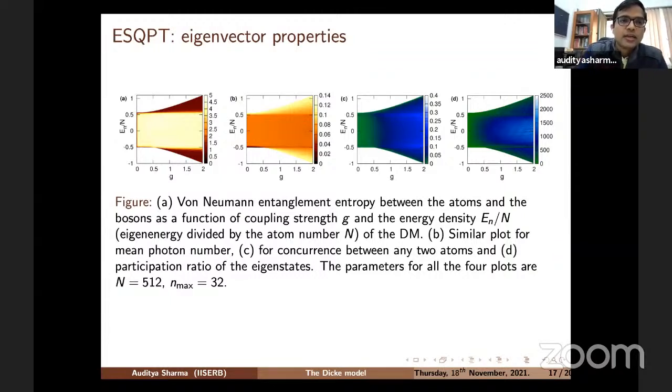So if you look at the eigenvector properties, I have these 4 different quantities plotted. So first one is von Neumann entanglement entropy between all the atoms and the bosonic field. The second one is a similar plot, but for the mean photon number. So you see that clearly the von Neumann entanglement entropy is much larger in the central band, right, compared to the top and the bottom band.